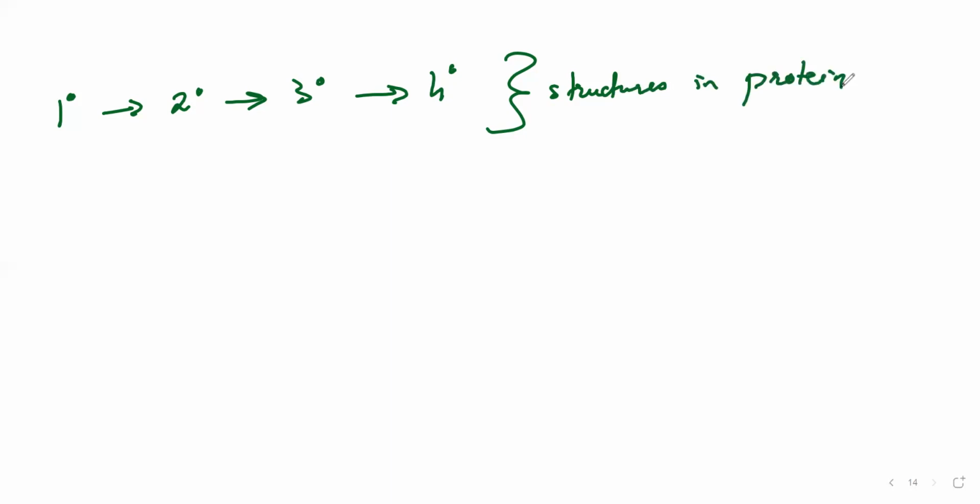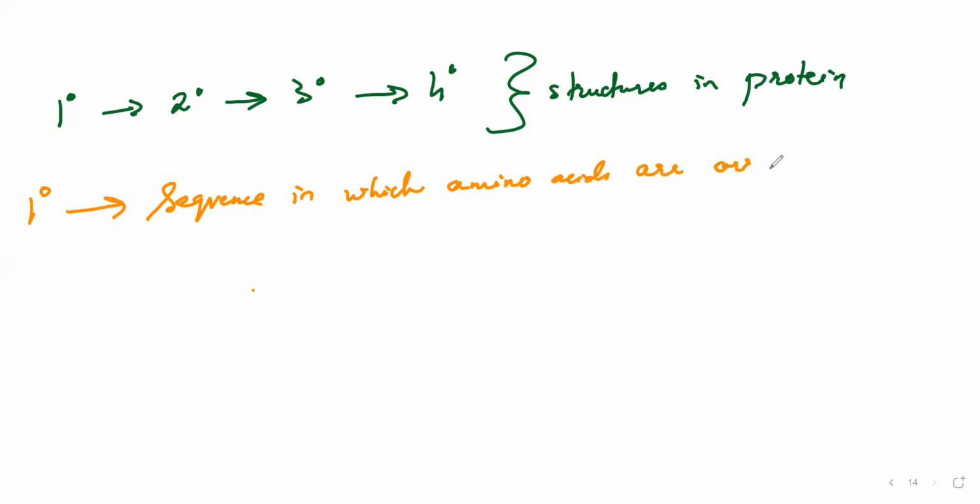First let us see the primary. Primary protein structure is nothing but the sequence in which amino acids are arranged in a protein.